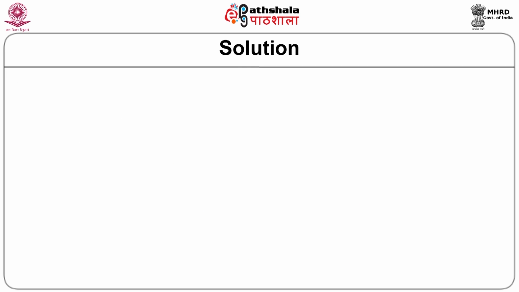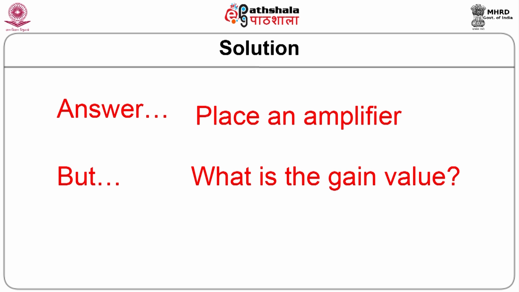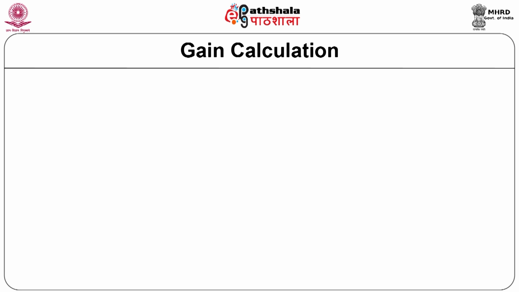Now, what is the solution for this? The solution is one has to place an amplifier, but if we want to place an amplifier, what will be its gain value and where is the location of that particular amplifier? So, let us first calculate the gain.